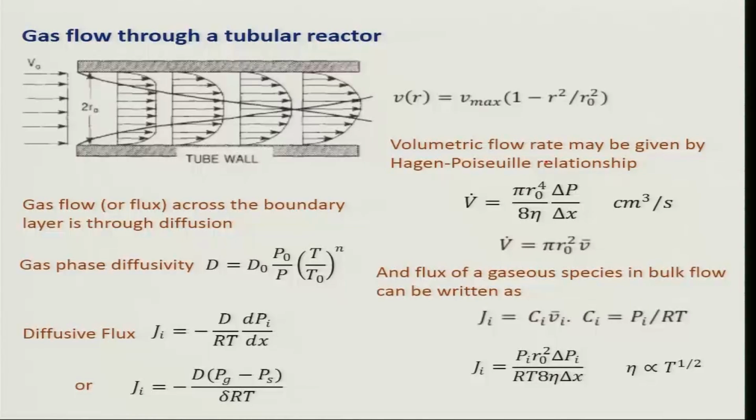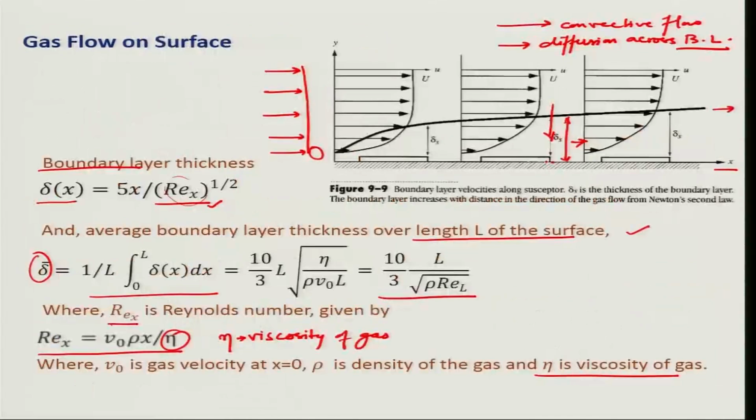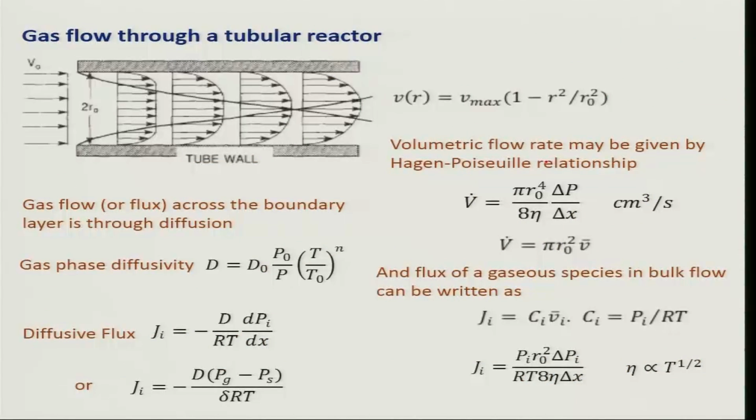Now, we had looked at what happens when the gas is flowing on a surface. We can also look at what happens when the gas is flowing in a tubular reactor. We can approximate this as gas flowing between two parallel plates, and the radial distribution of velocities will be given by this expression.